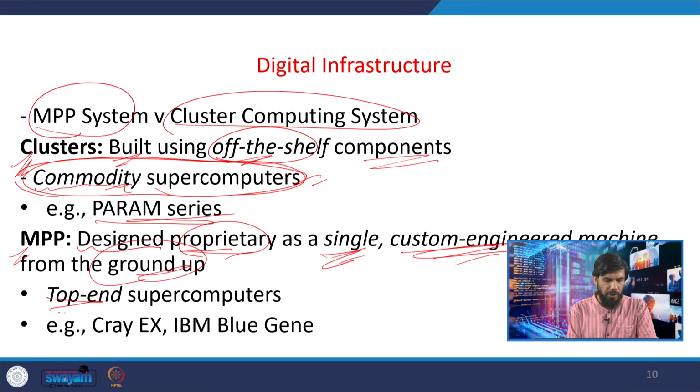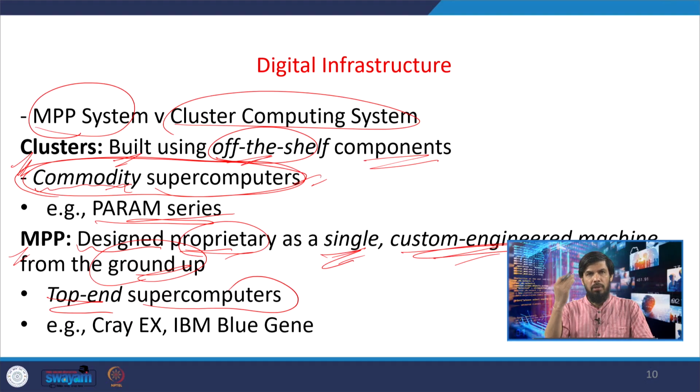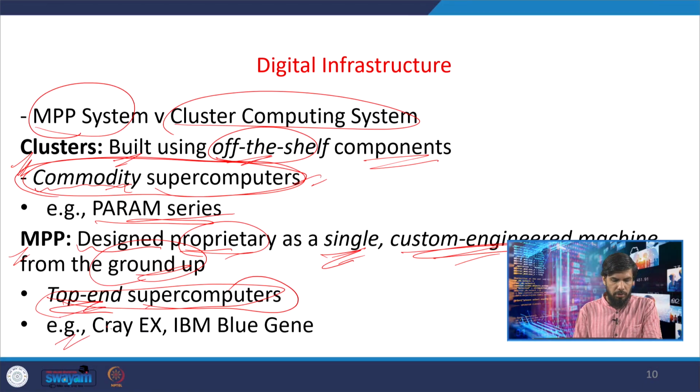Most of the top end supercomputers are actually MPP, right. The lines between clusters and MPP are blurring, but pure MPP are still the top end supercomputers, and clusters, which are the commodity supercomputers, just make it to the list. Examples of top end MPP supercomputers are Cray EX and IBM Blue Gene. These are a few examples of MPP systems.